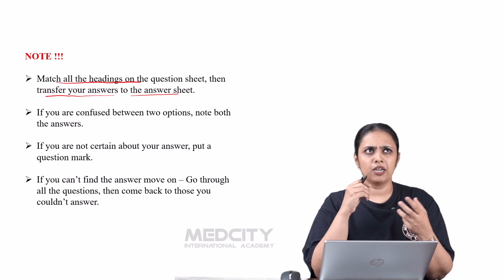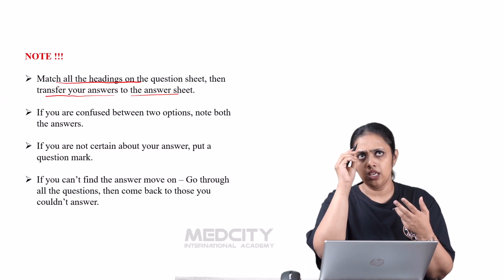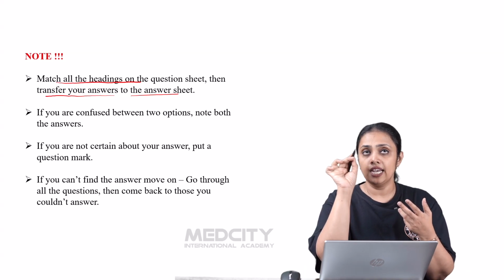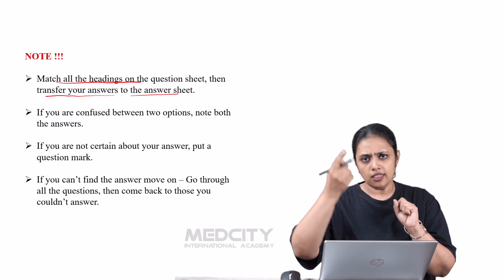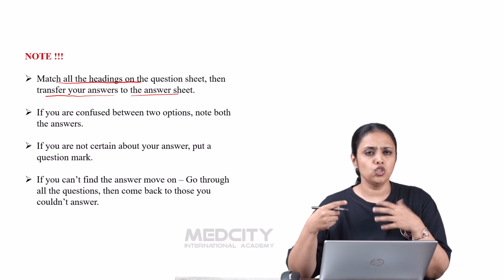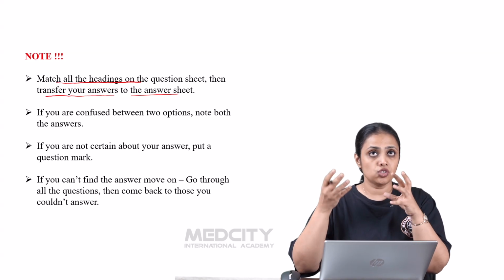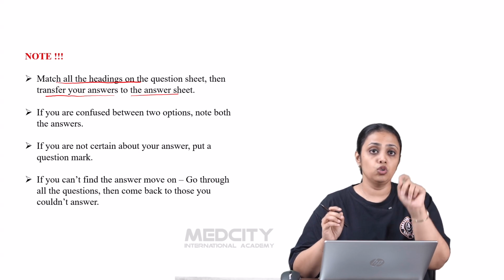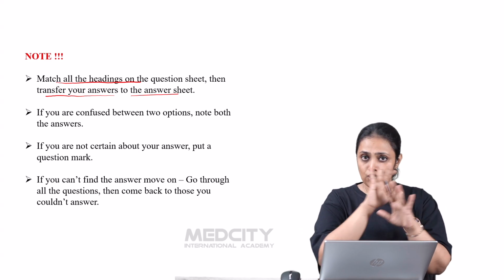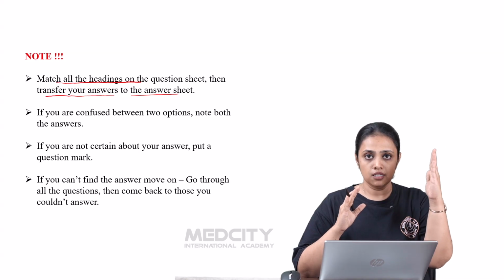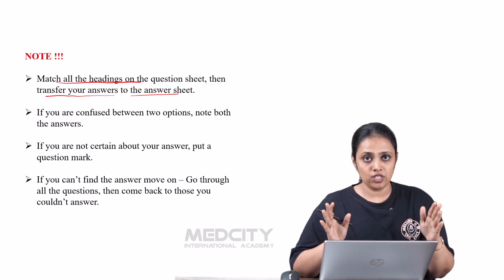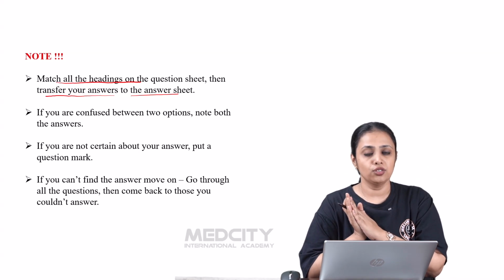Initially you might feel the 3rd heading is the right answer, then when you analyze the next section, you might feel this answer was more suitable for that one. So you might erase and change it. Once you're done with the entire matching headings section, only then transfer the answers.